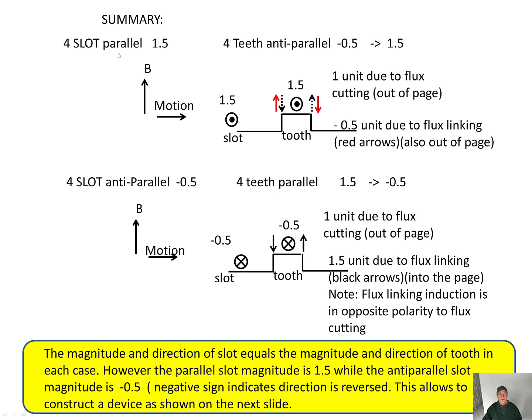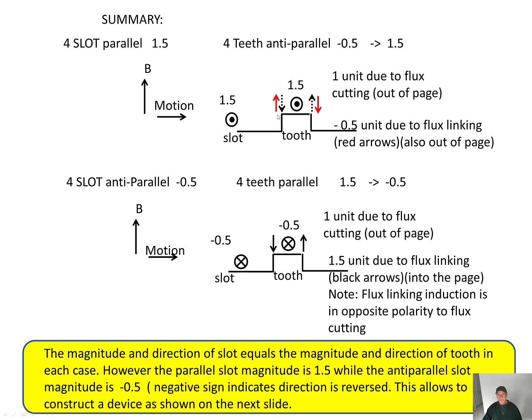So summary: 4 slots parallel, 1.5 is the induction, the B field is upwards, the motion is to the right. So 4 teeth anti-parallel is minus 0.5, which gives you 1.5.